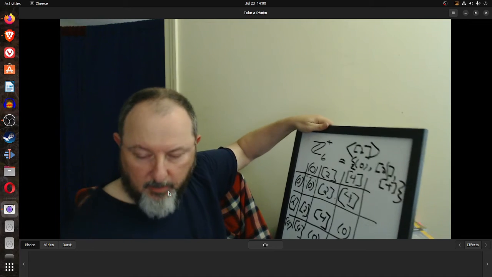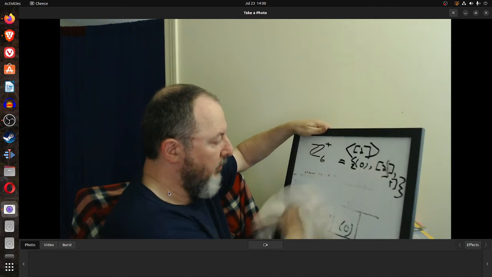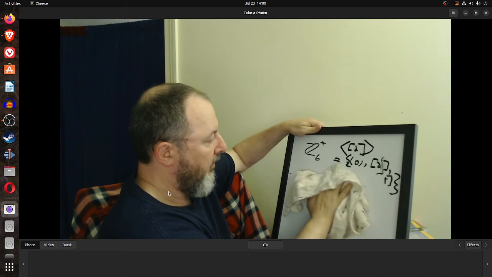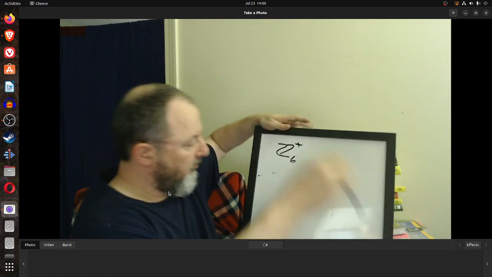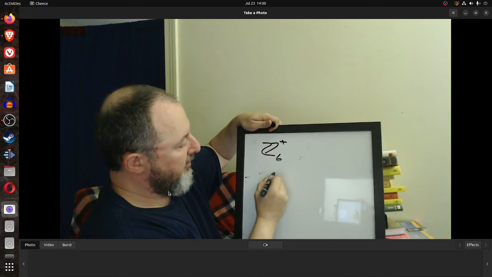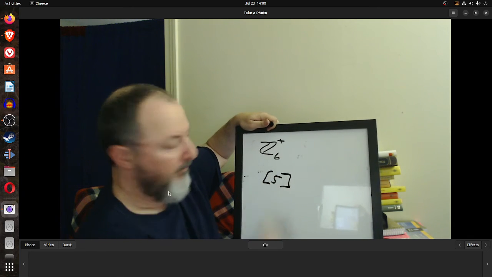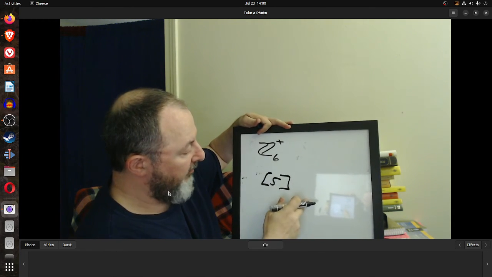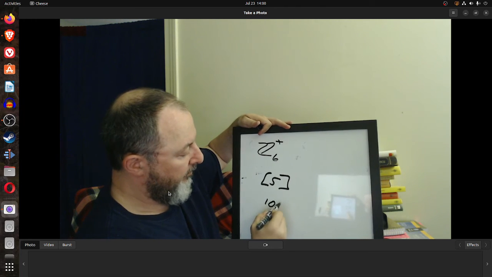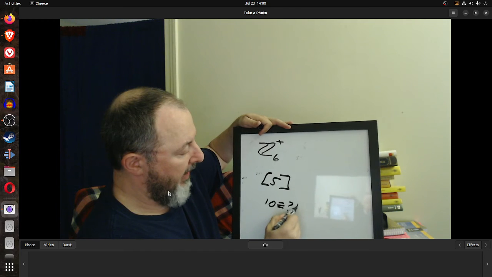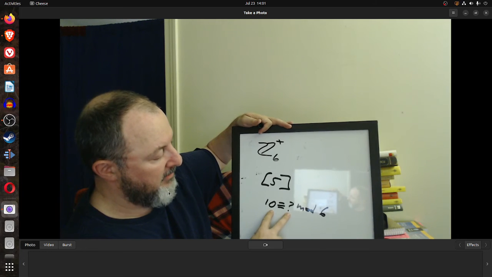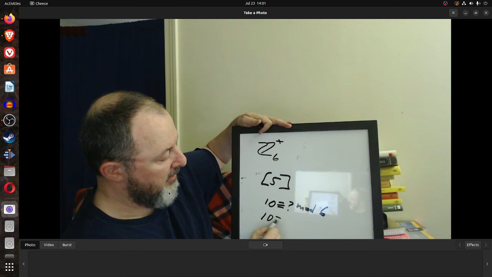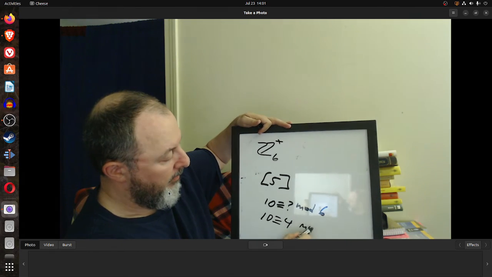Let's look and see. Maybe I made a mistake somewhere. Let's see what the number 5 generates in Z sub 6. For the equivalence class of 5, if we add 5 to itself, that's 10. 10 is congruent to what mod 6? It has to be divisible by 6. So 10 is congruent to 4 mod 6.